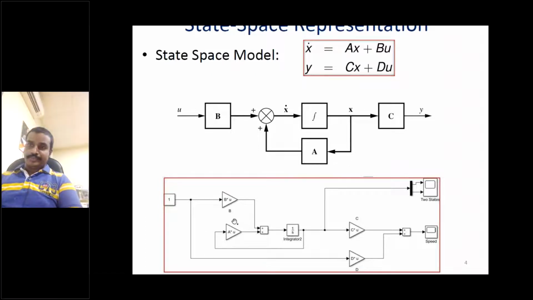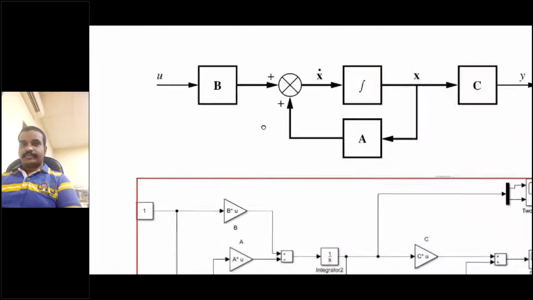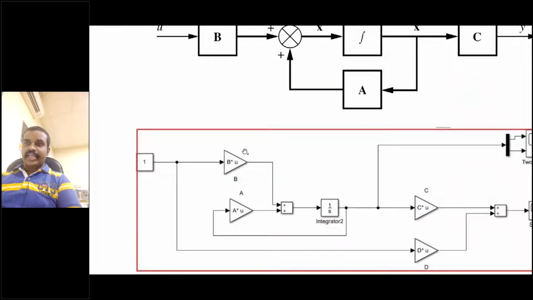So D into u. One thing you have to note here is that when you select this gain block, it is written u, but it doesn't mean that it is the control input u. It means that whatever input signal is going in, that is the nomenclature in MATLAB for the gain block.